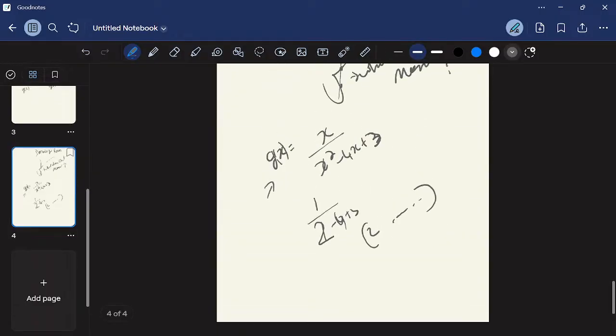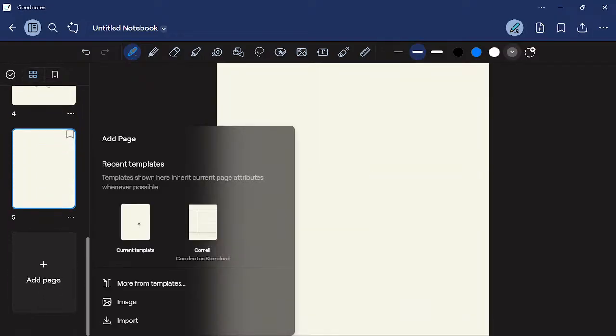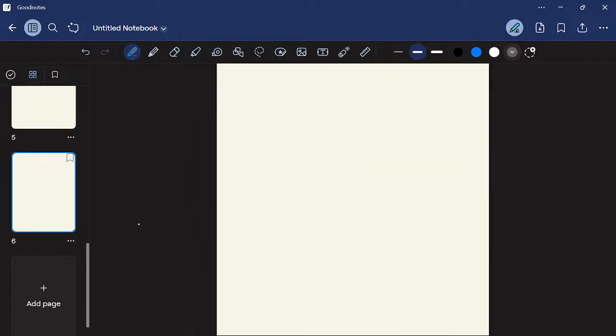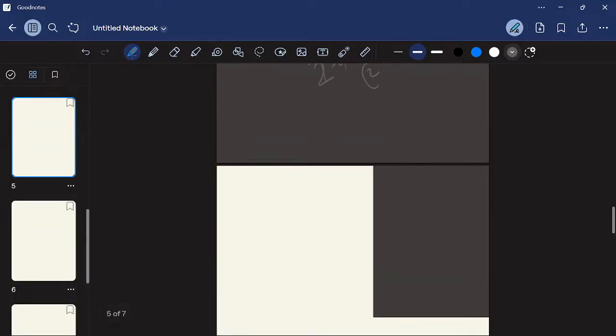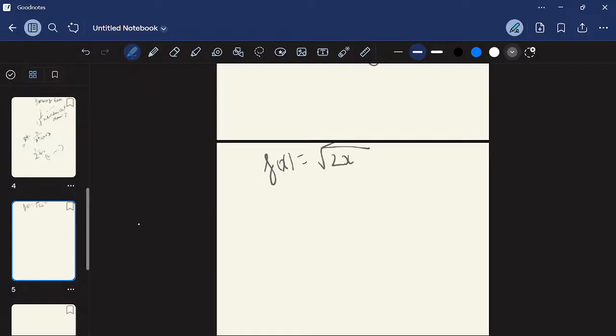So we're trying to find that for f of x is equal to square root of 2x minus 3.